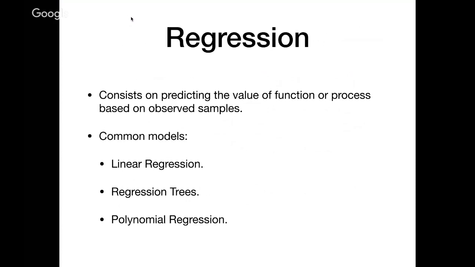So, what are the common models used to do this task? One would be linear regression. It is the simplest machine learning algorithm. I mean, it just fits a linear line through a function. Then there are regression trees, yes, trees also do regression.